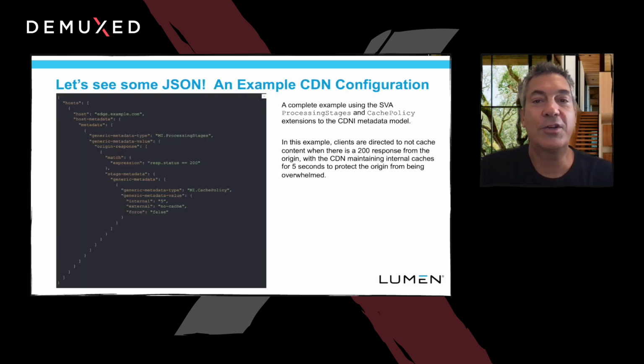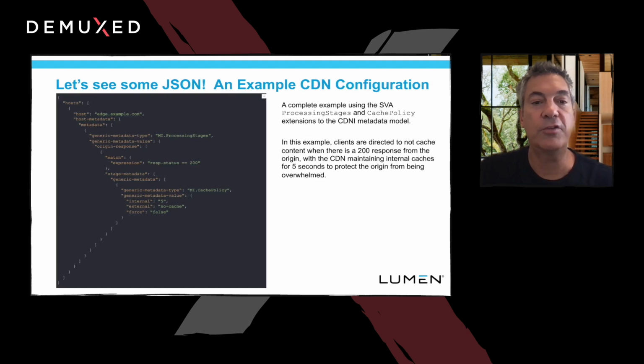So let's look at some code. Here's an example. This is a complete example for a host named edge.example.com. It uses the processing stages thing that was added, with a query in the expression language saying if the status code from the origin is a 200, then go ahead and set a cache policy that will set downstream to the client, upstream to the client, don't cache, but still maintain an internal cache of 5 seconds to prevent an origin from being overwhelmed.